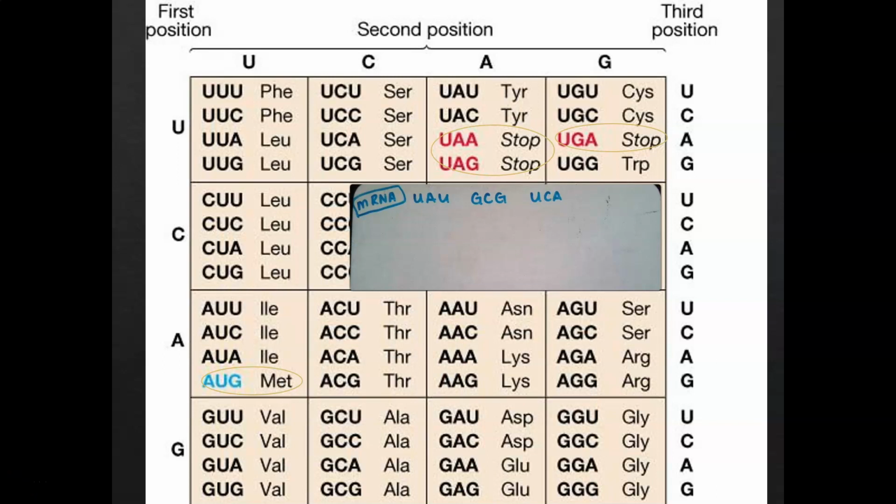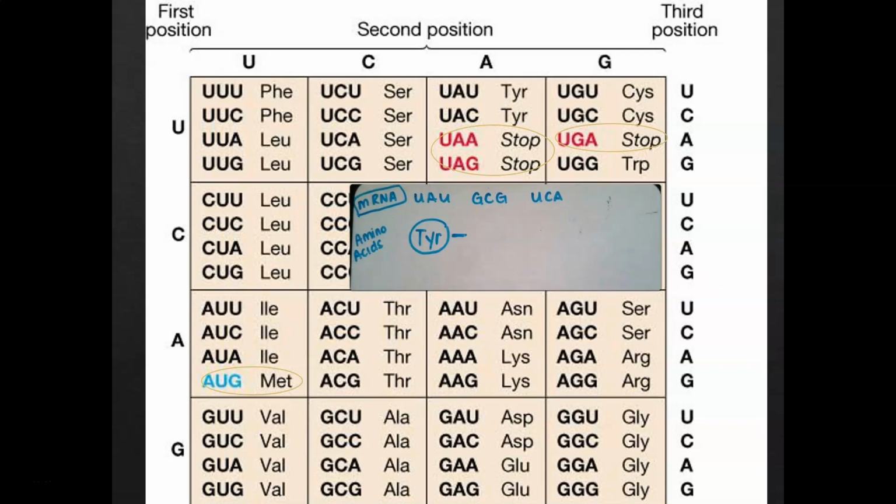The codon that we're looking at is UAU. So we want to go to where U is, where A is, and where U is. So TYR is my first amino acid that I'm making. So this is my amino acid. So my first one is TYR.